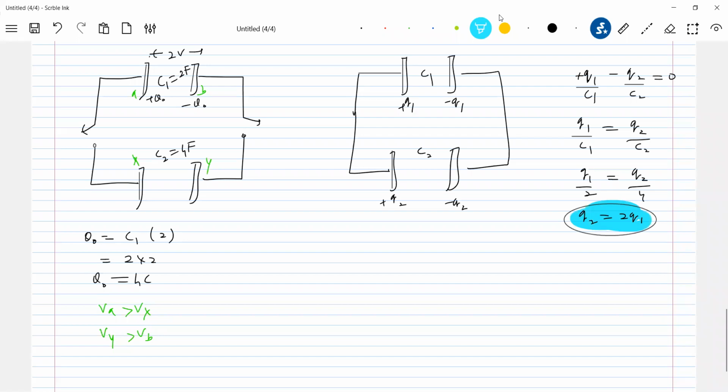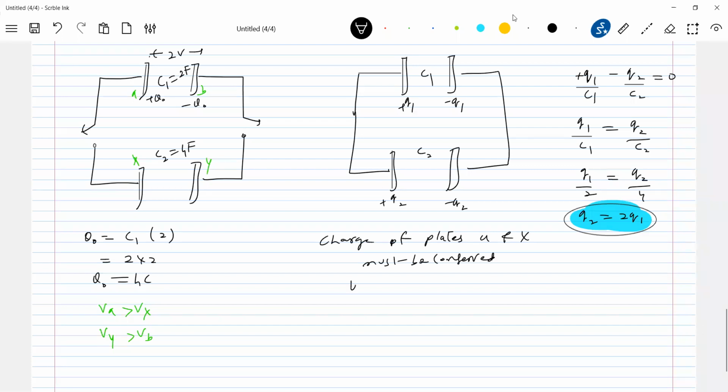How many unknowns are there? Q1, Q2. I need one more, so I'll go for charge of an isolated junction. Look at these two plates. This plate had charge Q naught and this one 0. This plate had charge minus Q naught and this one 0. So the charge of these two plates must be conserved. Charge of plates A and X must be conserved.